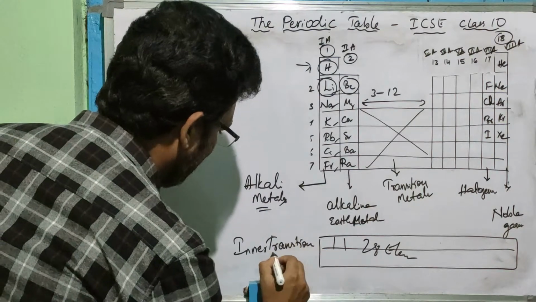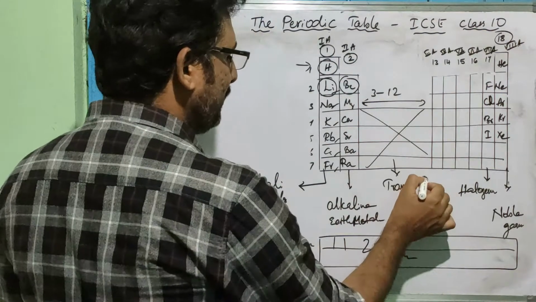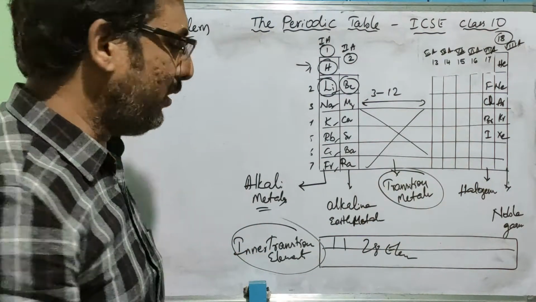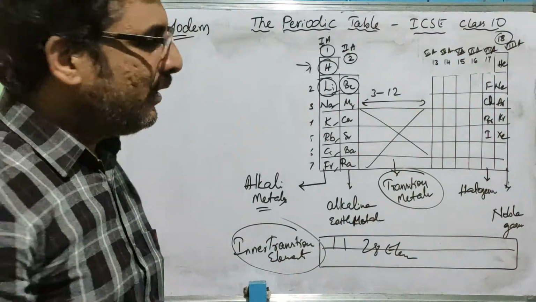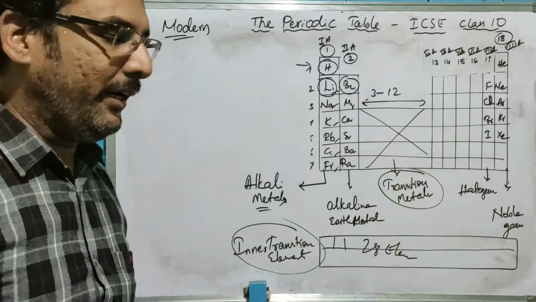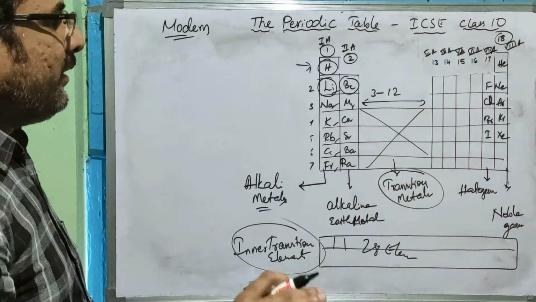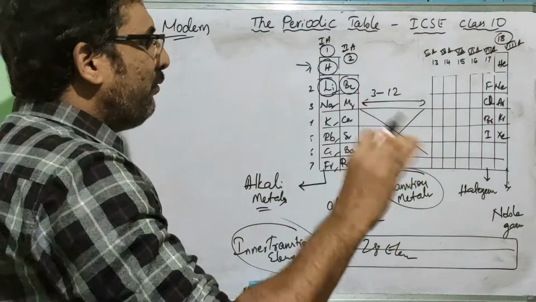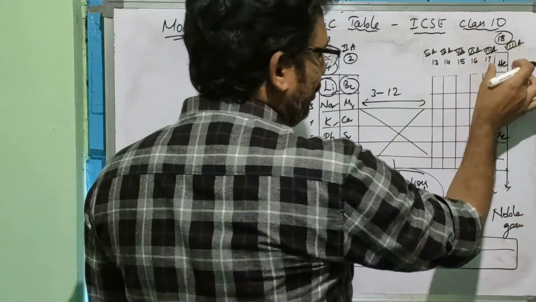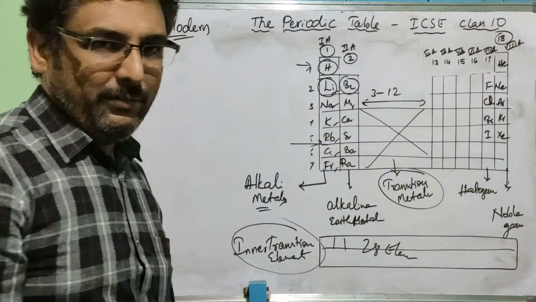Inner transition elements or metals, and they all are metals. So these are transition metals, and these are called inner transition metals or inner transition elements. Anyhow, we are not going to discuss in detail about these, but from the exam point of view, you have to learn these first 2 groups and these last 2 groups at least up to period 5.